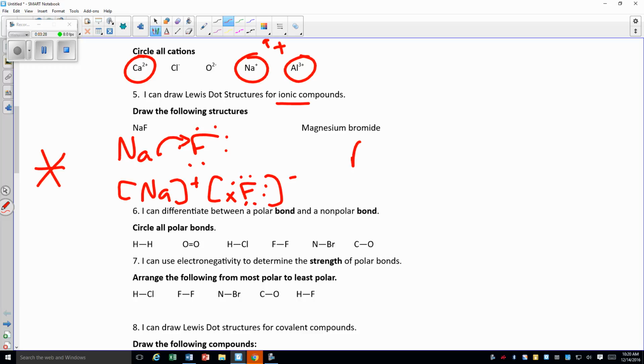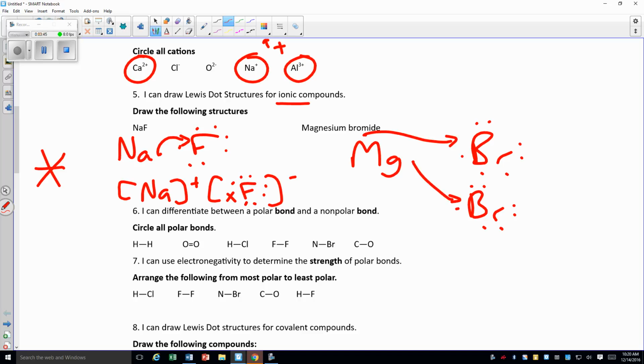Magnesium bromide. You'll notice you'll draw a magnesium dot structure. You'll draw a bromine dot structure. You're like, magnesium has 2 to get rid of. That means you need a second bromine. And would you look at that? It works. So I'm just going to draw this a bit different than the other one, but this is still an acceptable answer.